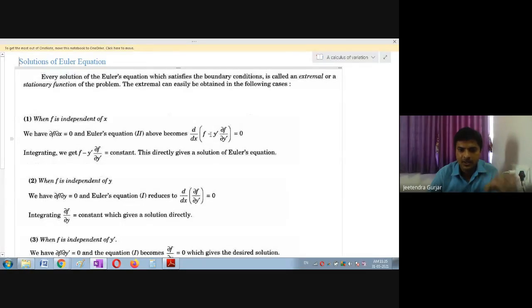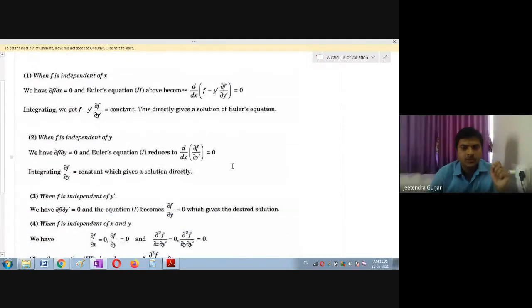Looking at the question only, we can see f is independent of x. Directly integrate, and you will get the direct solution of Euler's equation. So please remember this case, we use it for solving the problem.